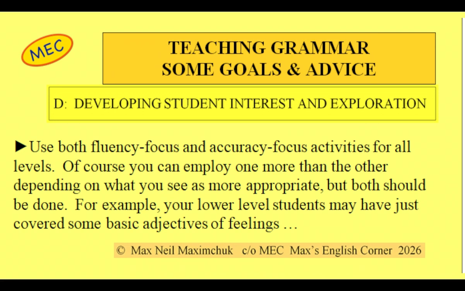Use both fluency focus and accuracy focus activities for all levels. Of course, you can employ one more than the other, depending on what you see as more appropriate, but both should be done. For example, your lower level students may have just covered some basic adjectives of feelings.